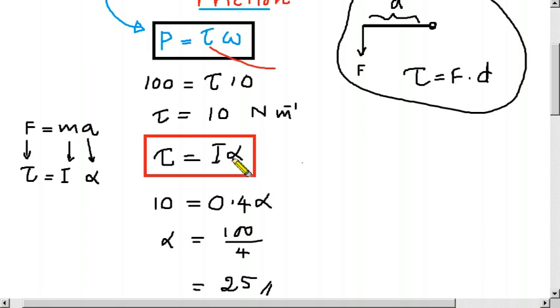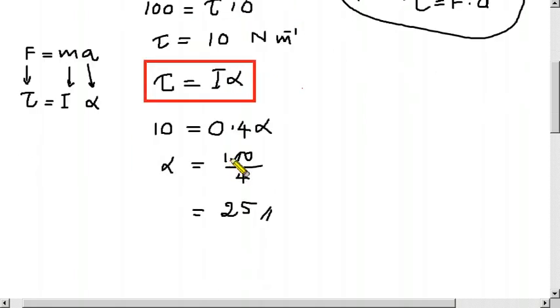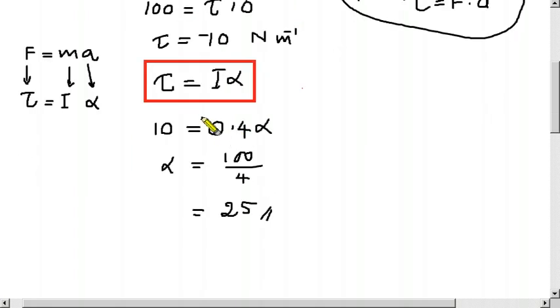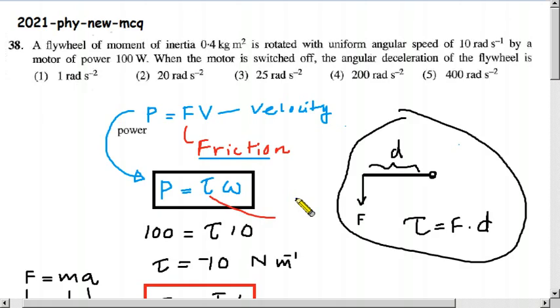Therefore this alpha you get is a negative value. This tau is negative here, since this one is the friction, and when that negative sign comes to this place, this one also gets the negative sign. So this is deceleration. So the answer is, children, 25, this one.